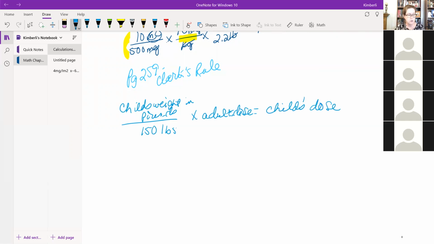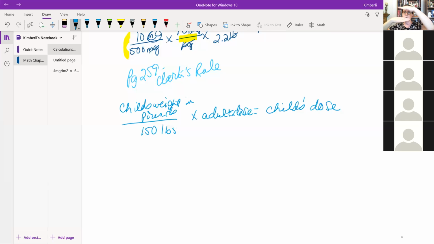Okay, so if we look on page 260, it says in the tech note that the answer obtained is always an approximation. And underneath it, the tech alert: Clark's rule would never be used to determine the dose of a medication with a narrow therapeutic range. Remember we talked about the therapeutic range: the amount of drug that makes it effective and the amount of drug that makes it dangerous.